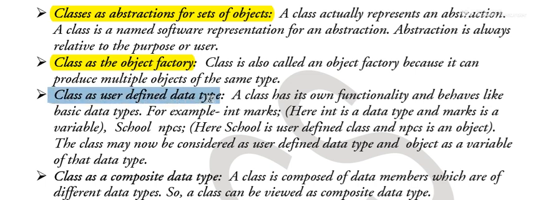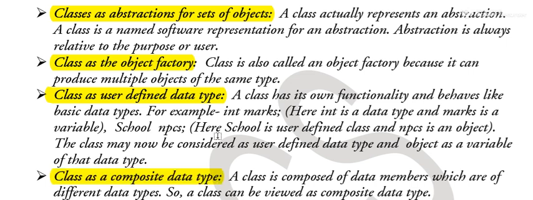Class as a user-defined data type. Like any other primitive data type, we can also create an object variable using a class. So it is known as a user-defined data type. Class as a composite data type.